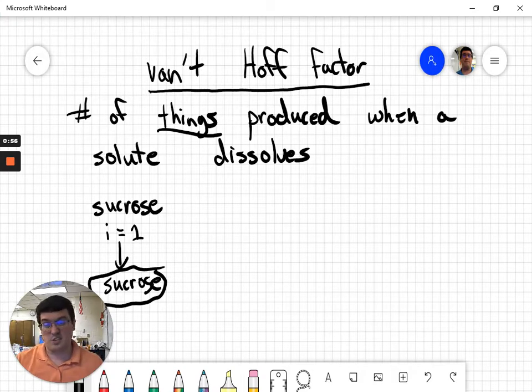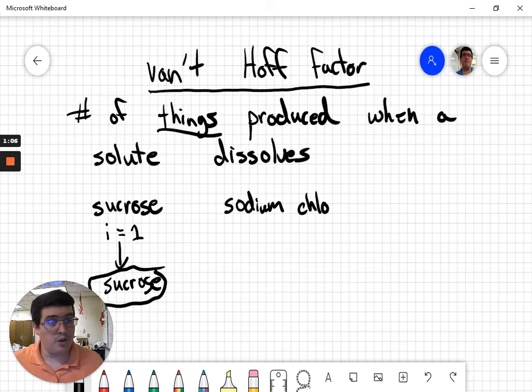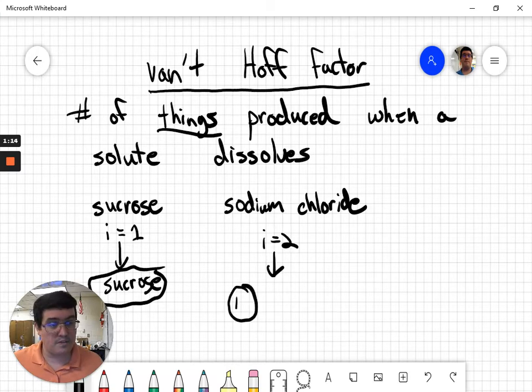So the reason I use the term things is because sucrose forms molecules, whereas something like sodium chloride showed a van 't Hoff factor of 2, and the reason it does is because in solution it forms sodium ions and chloride ions, right?